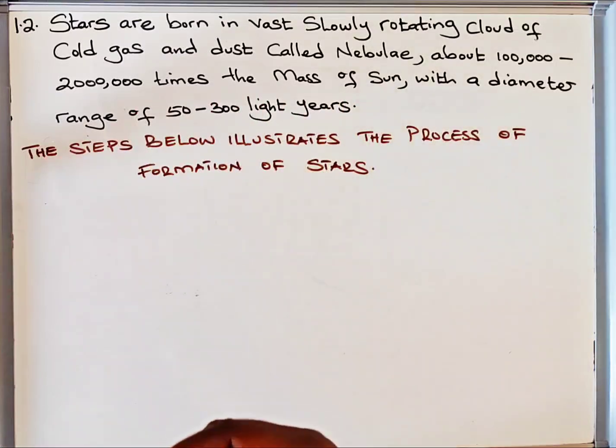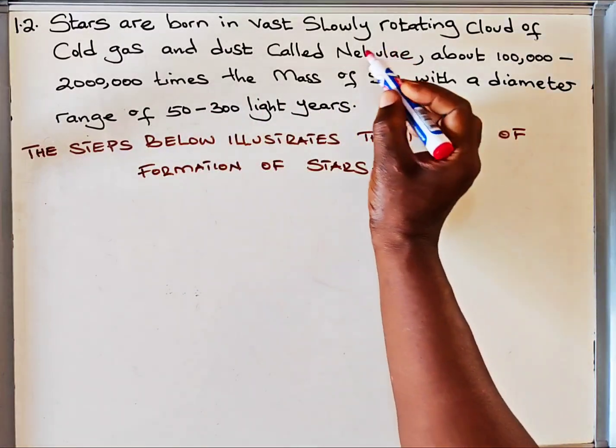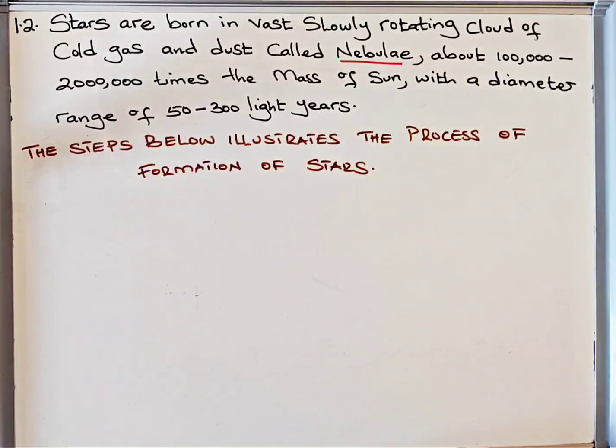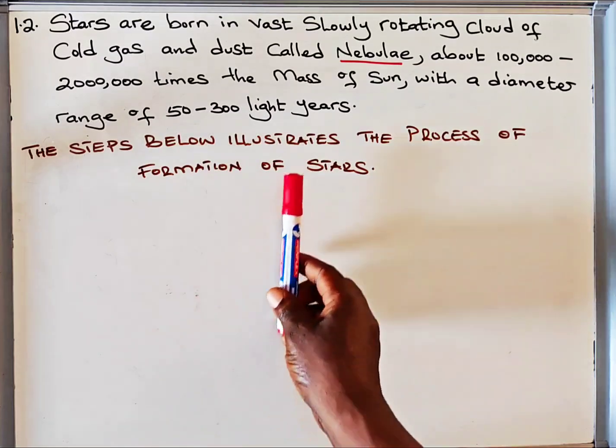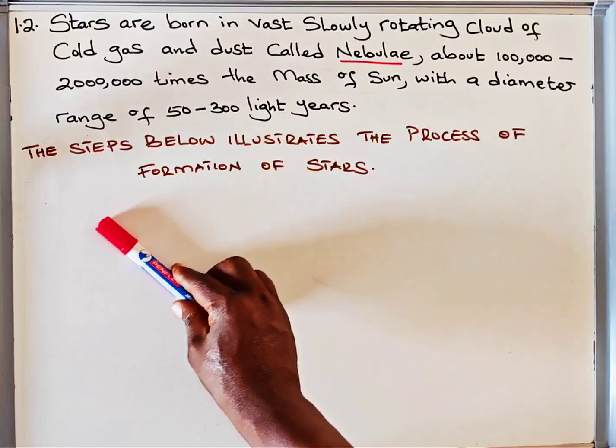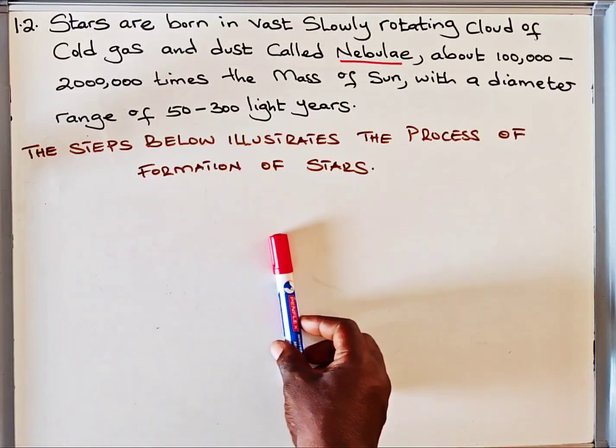This is the description of the nebula from which the stars are formed. It's a big cloud of cold gas and dust, which is slowly rotating, and that's the one which gives us all the stars we see.